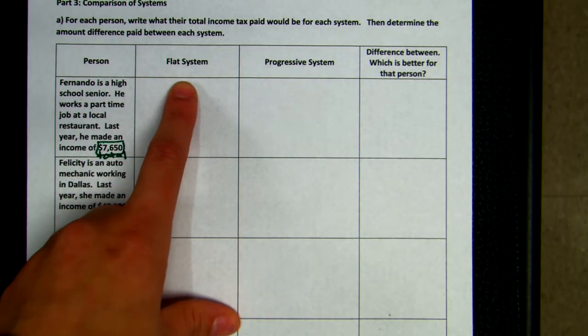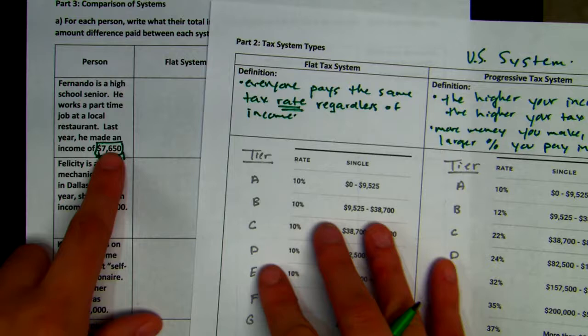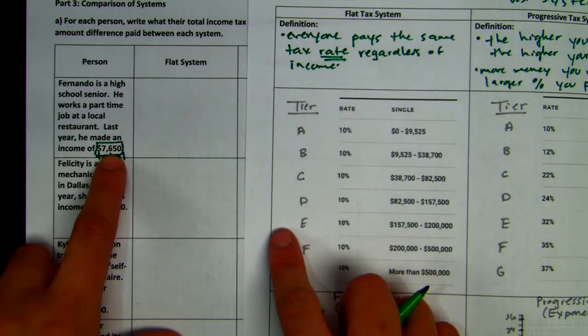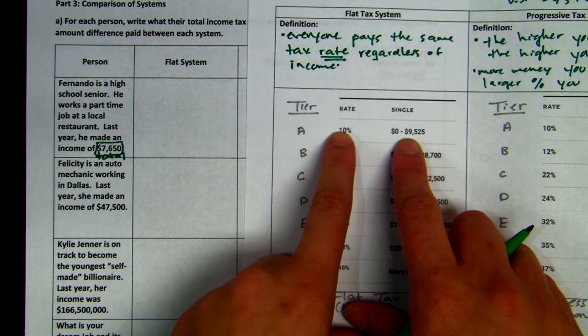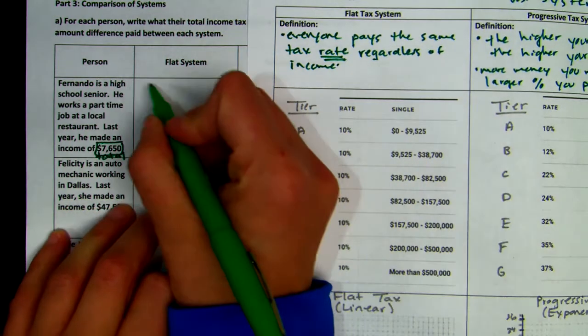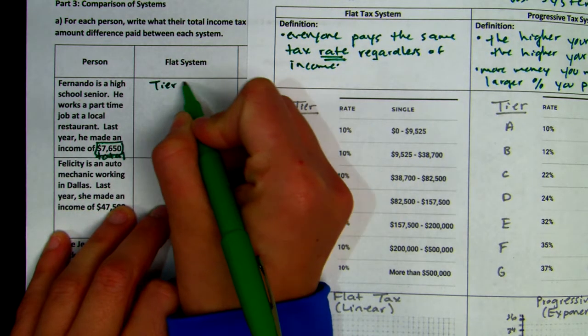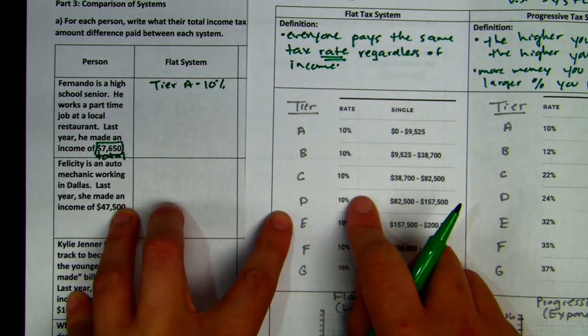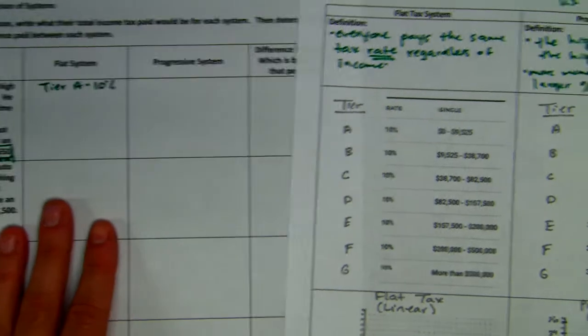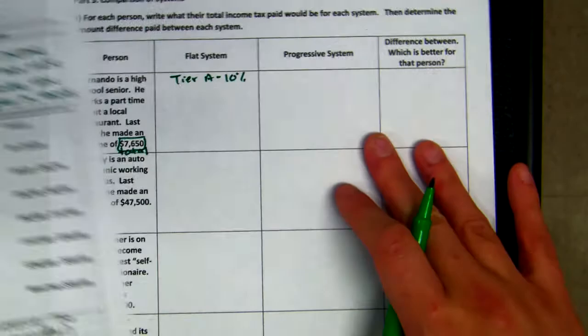For the flat system, we need to check what his rate is. So looking back at this page, he makes $7,650 a year. He's in this range here where he makes 10%. So he's at tier A, which is 10% in the flat tax system. Now in the progressive tax system, I'll go on this side.